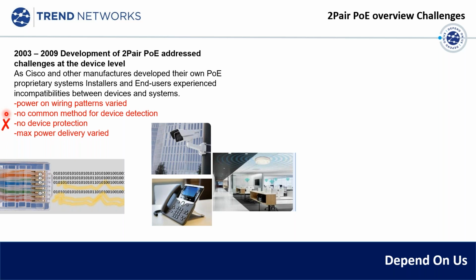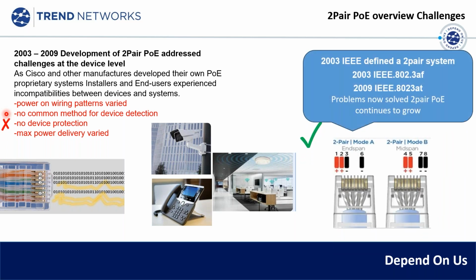Firstly, there were different power patterns on the wire map, different configurations. There was no common method for device detection. There was sometimes no device protection. You could burn a device out. And the maximum power draw varied across devices, across systems. So with standards came some definition, and they solved the problems, and two-pair PoE continues to grow.